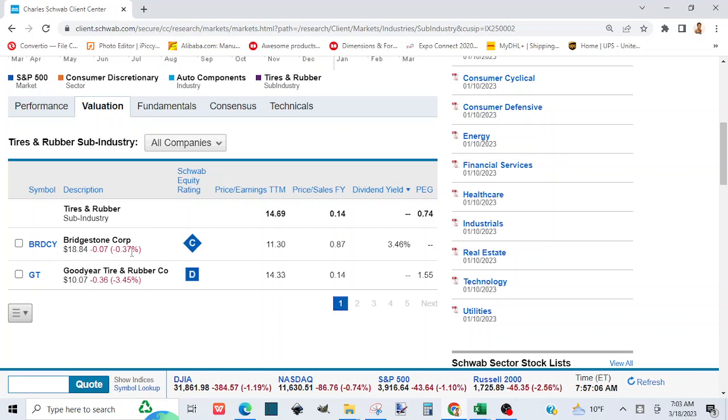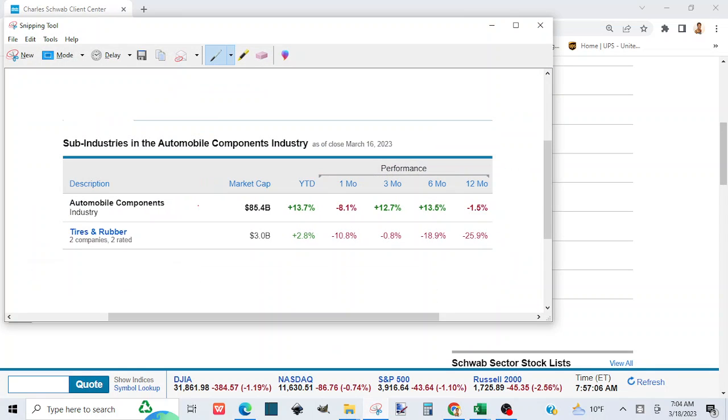Okay, so my first filter is I want to make sure they are companies. So you will see INC, you will see Corp, you will see CO. I'm okay with those. So this one is Bridgestone Corp. That's a corporation, and it's paying 3.46%. Based on my filters, 3.46% is okay.